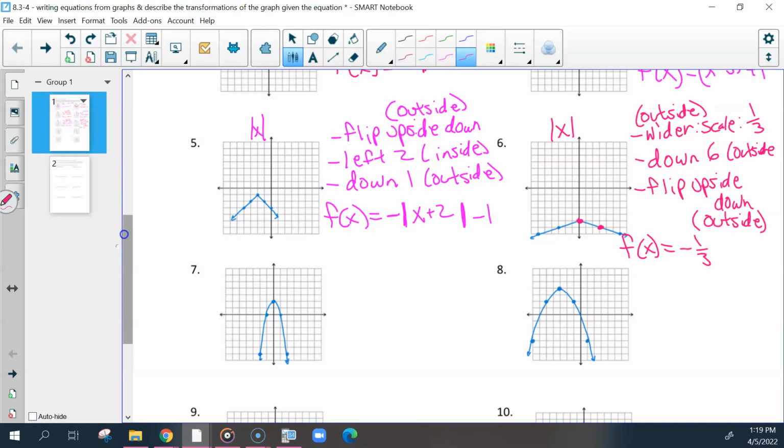And then, missing something. It will be -6, but we're missing something. The absolute value part, yep. And then -6 at the end.